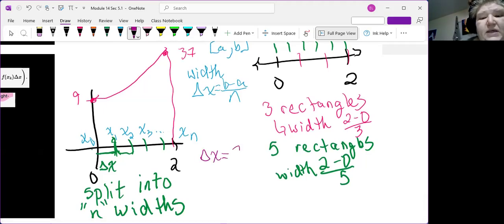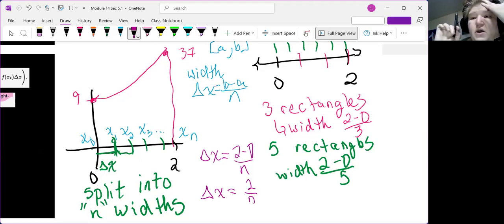So delta x will be 2 minus 0 over n. So just like with my 3 rectangles, I could see I'd get 2/3. So 2/3 is how wide the rectangles are.